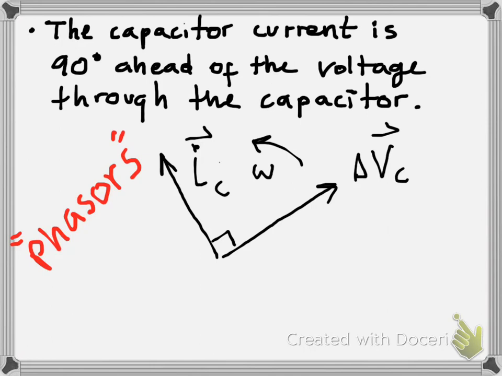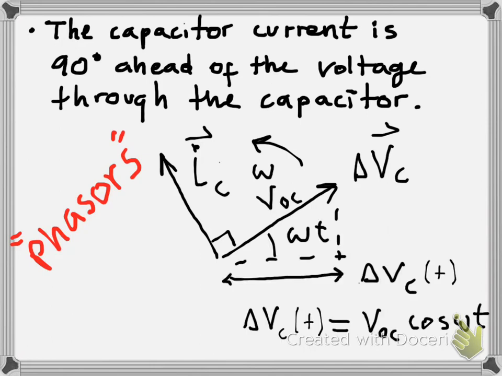The current phasor and the potential difference phasor in the capacitor have a 90-degree angle between them, and the current is ahead of the potential in the capacitor by 90 degrees. As I said, the x component of those vectors is the actual potential or current in the capacitor.